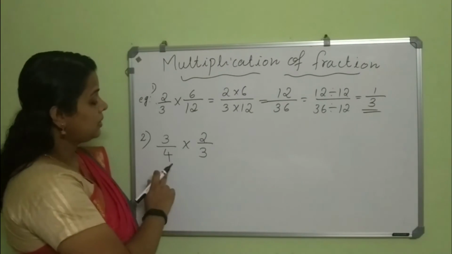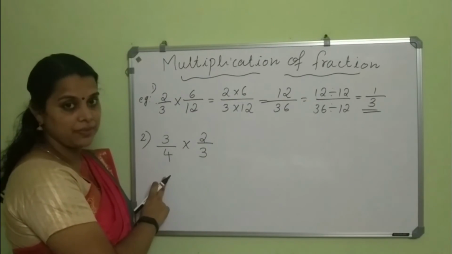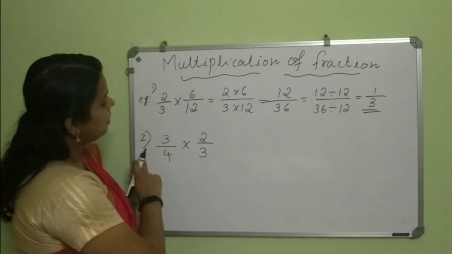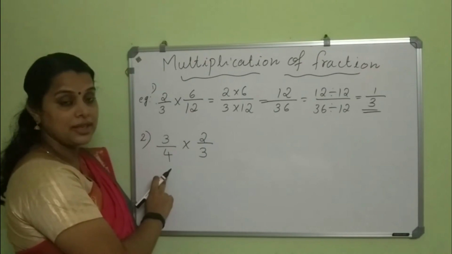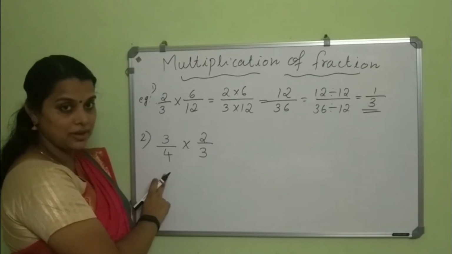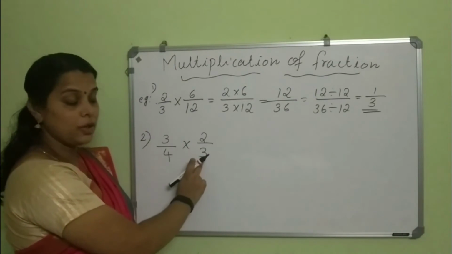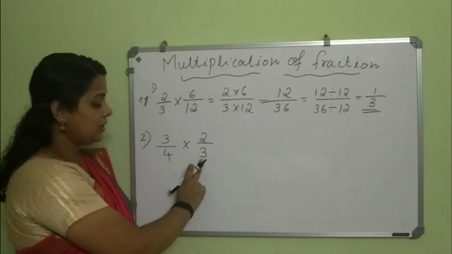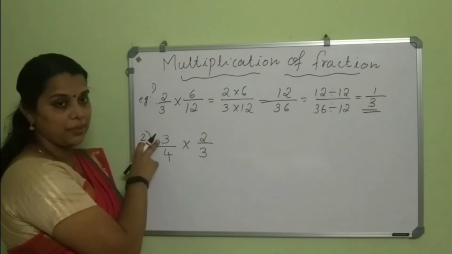Next is doing multiplication by simplification. For that we are checking whether any common factor is there in the numerator and denominator. The 3 is the denominator of the second fraction and this 3 is the numerator of the first fraction.